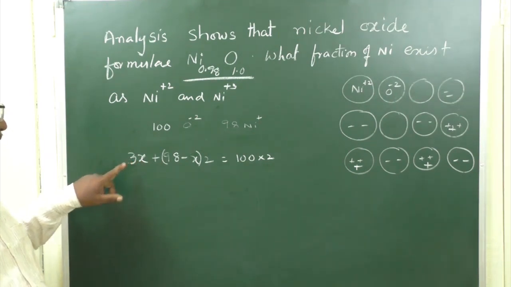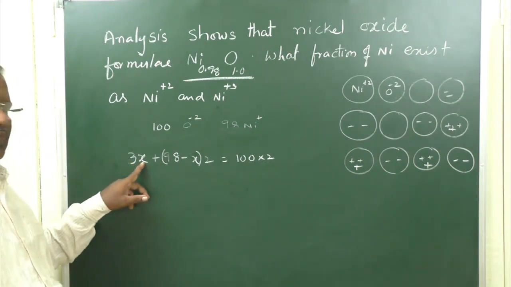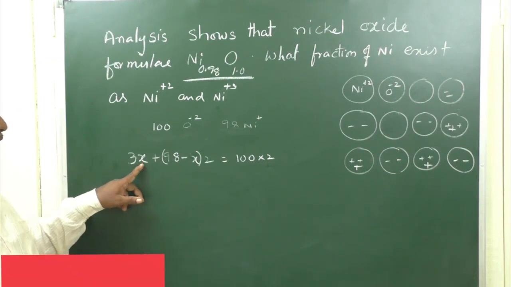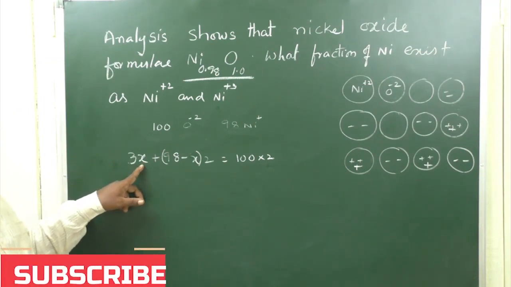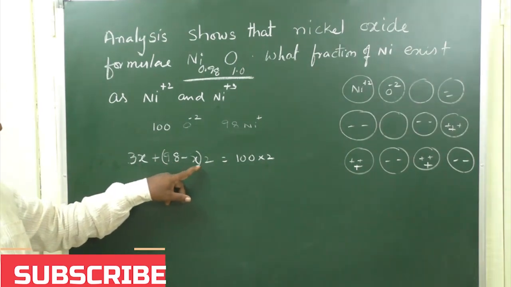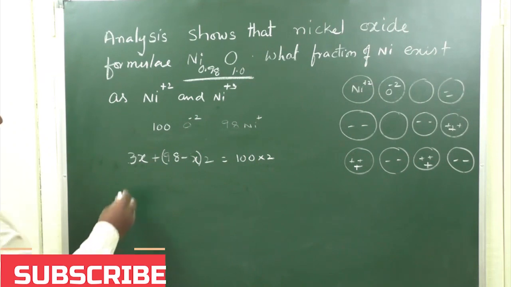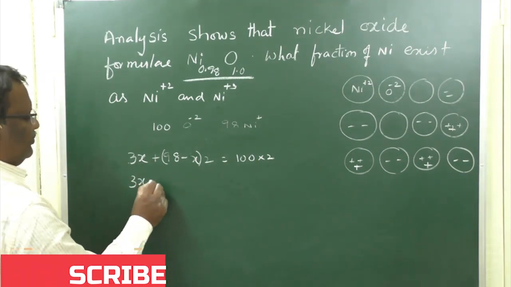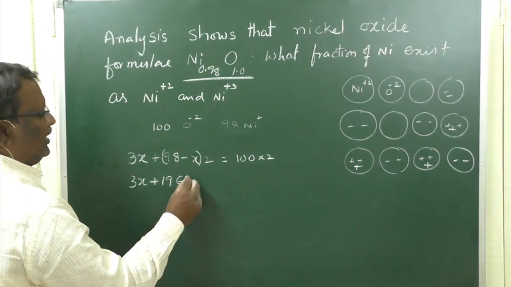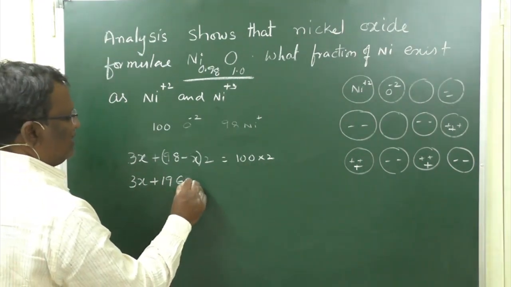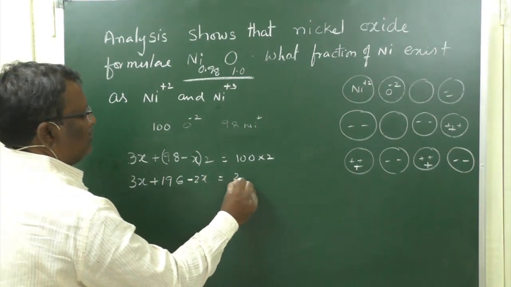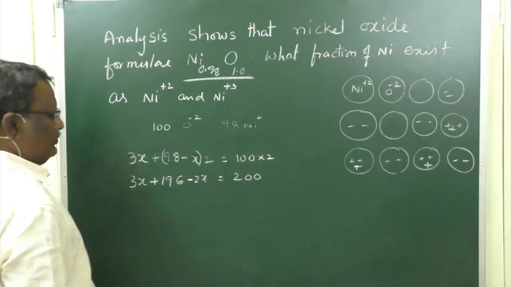So, if x number of nickel ions are converted into plus 3, then the total positive charge will be 3x plus 98 minus x into 2. It means 3x plus 2 into 98, 196, minus 2x is equal to 200.